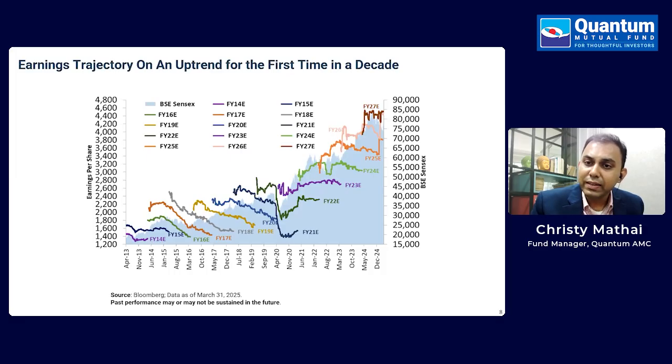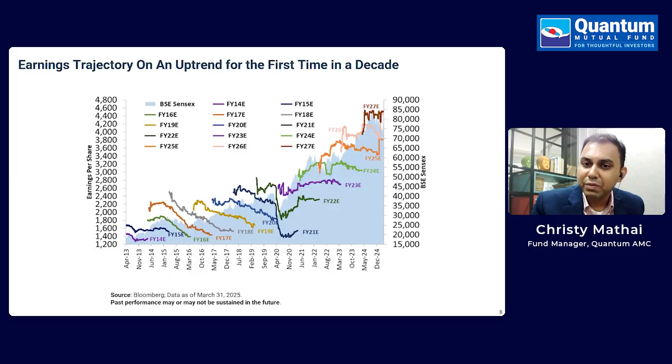And what we have seen is that the current earnings trend, especially post-COVID, is fairly strong. The blue chart that you see is the Sensex price, how the index has moved, and the other line charts show how the EPS have grown.